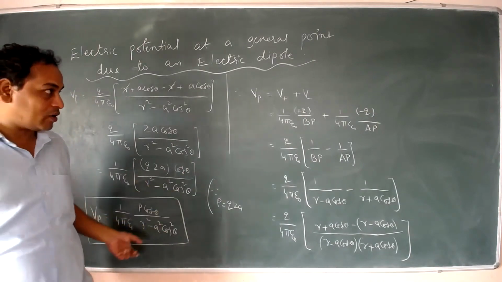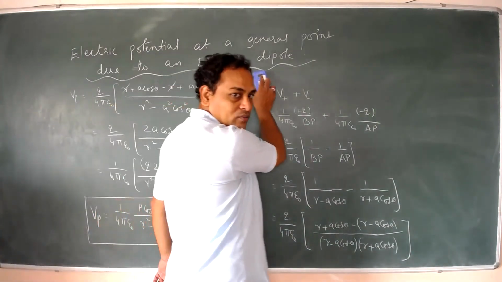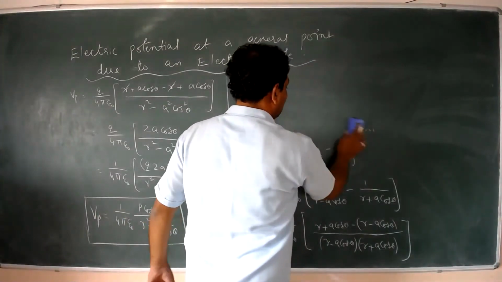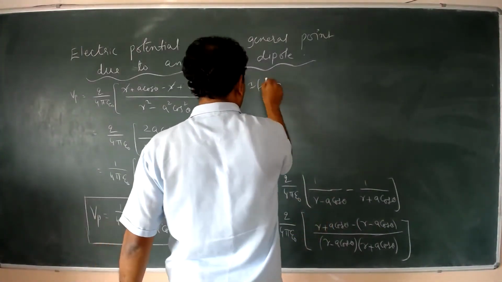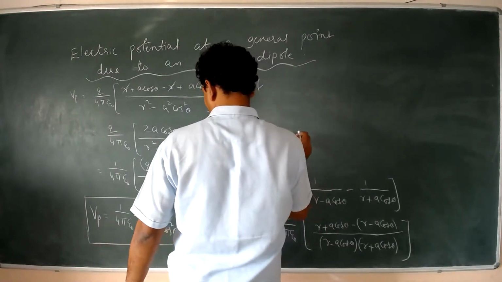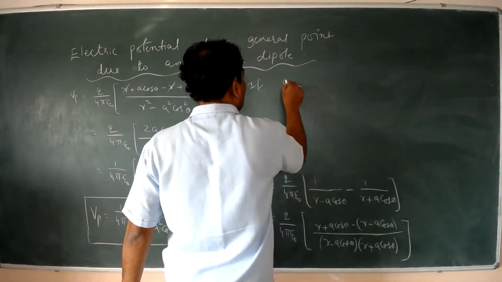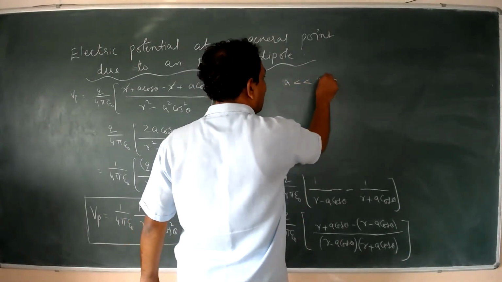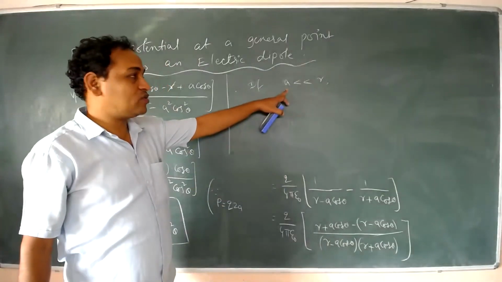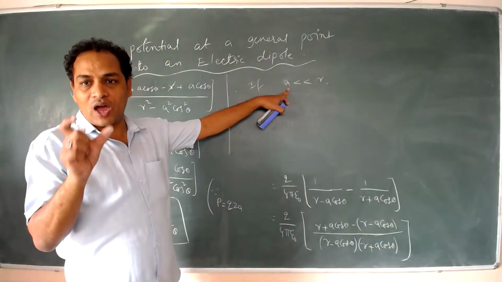So for that, how can we write? If A is very much smaller than R, what is A? Dipole length, half of the length.